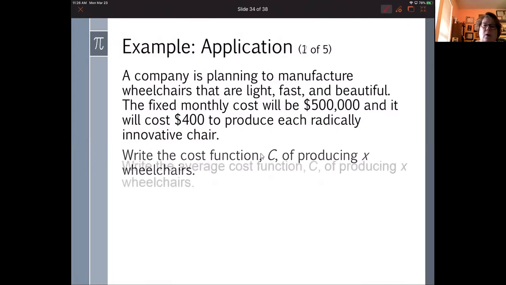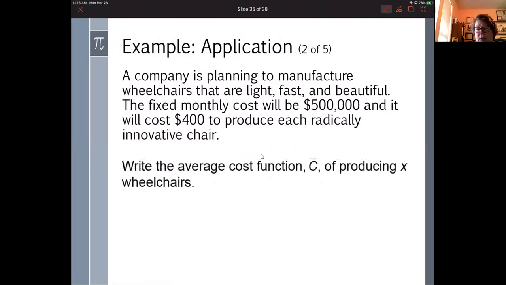All right. What's the average cost function? And you see that we got C with a bar over the top of that. That means average. So the average cost function would be our cost. How do you find the average? To find the average, you take the total number you have and divide it by the number of things you have.